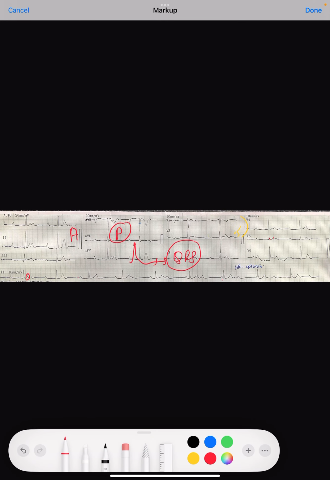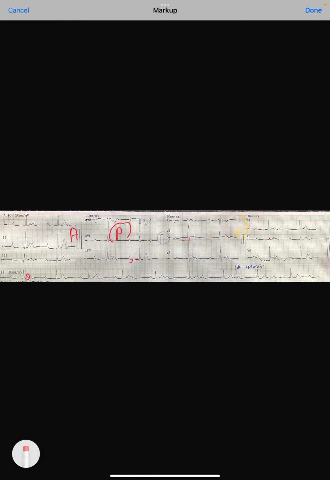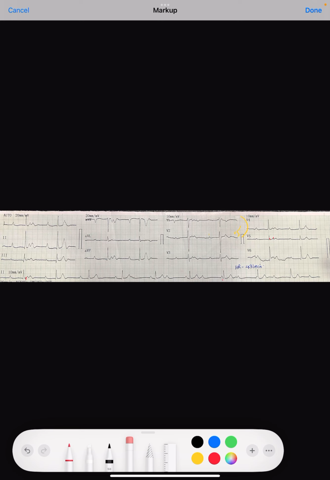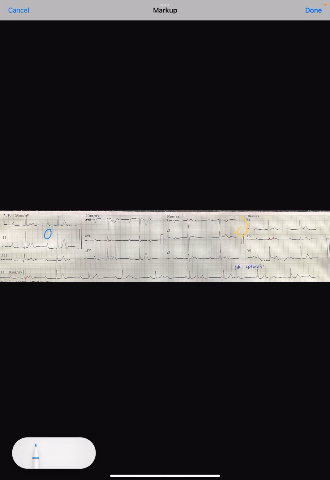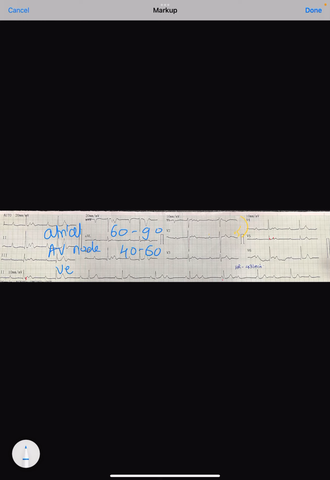If the atria and ventricles are not connected and life is not sustained, the patient will simply die. So to prevent that death, nature has given an atrial rate of 60 to 90, an AV node rate of around 40 to 60, and a ventricular rate of around 40. Very commonly our heart rate always stays between 60 to 90.